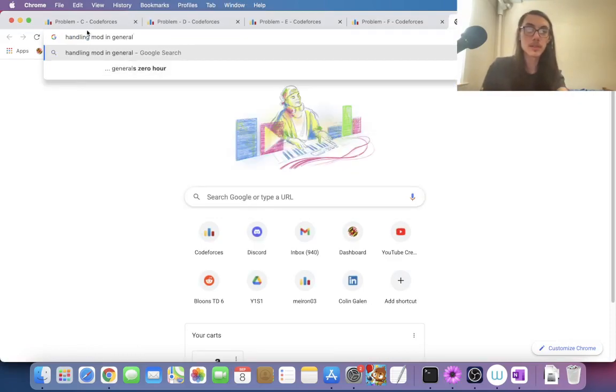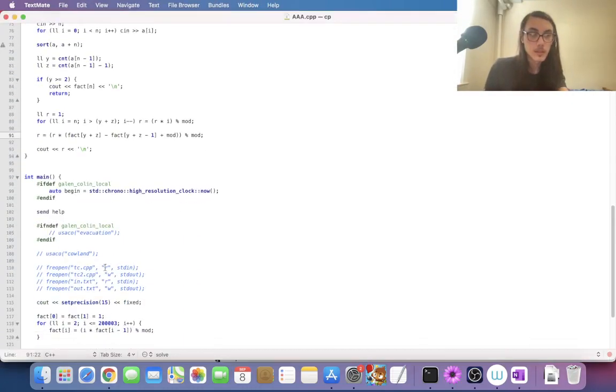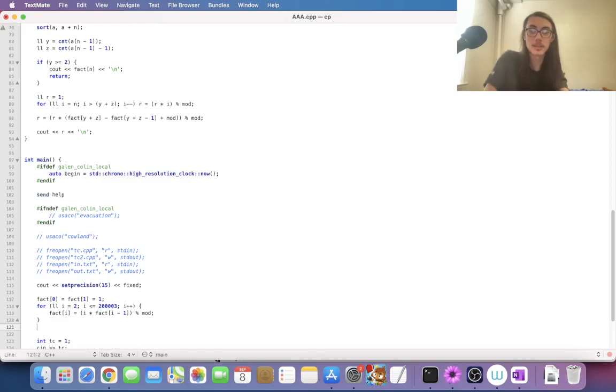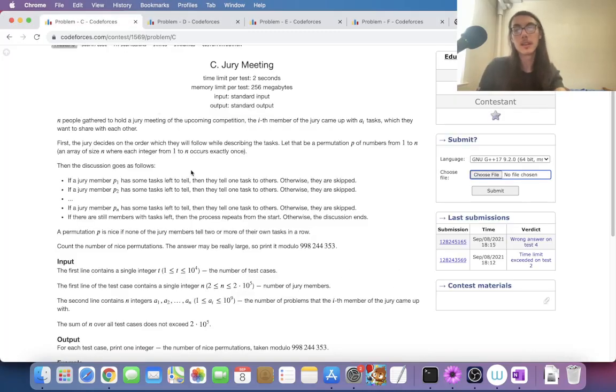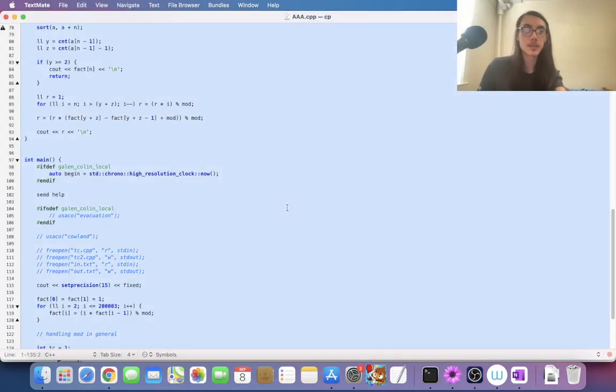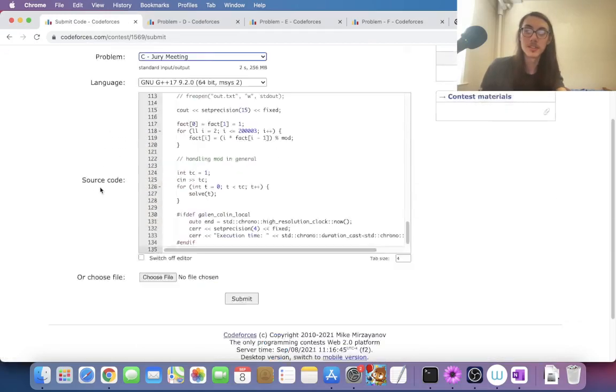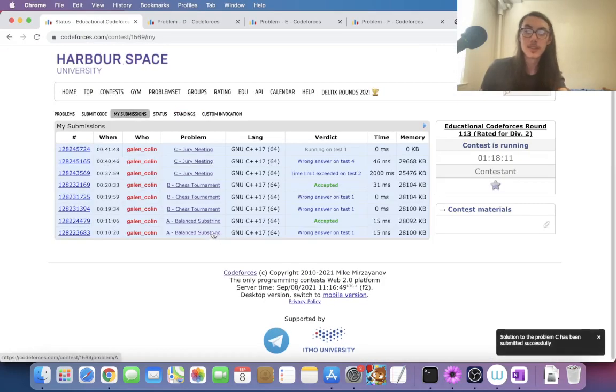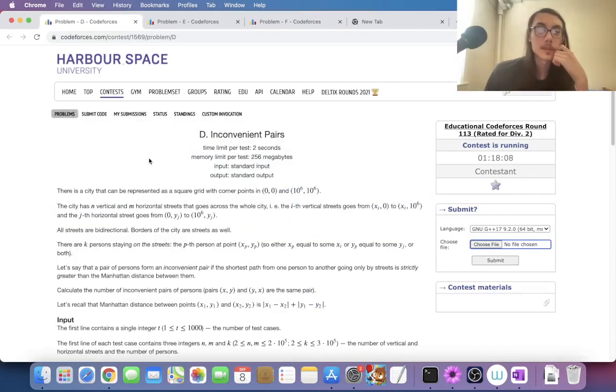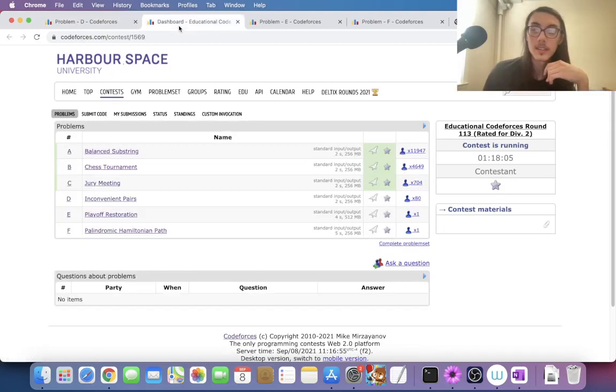As a note for myself: in C++, the mod can be negative. A negative number mod something will still be negative, so you have to offset it by adding mod or something, which is something I conveniently forgot about. So now it should work. There we go. Any inversions?